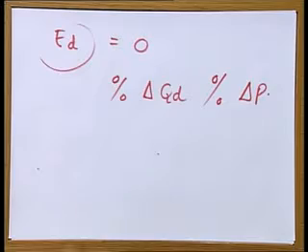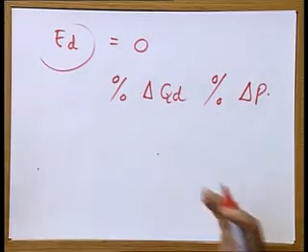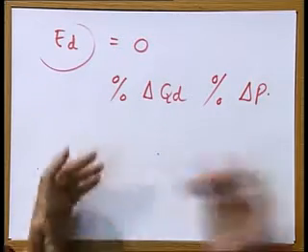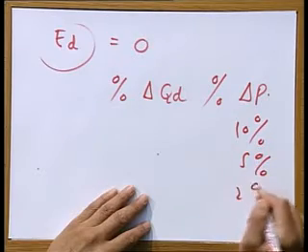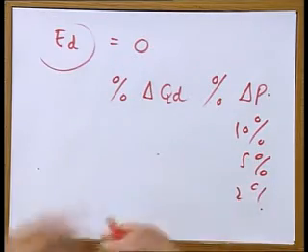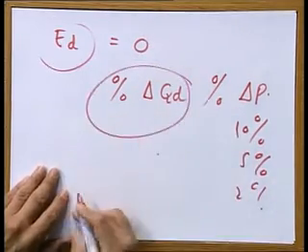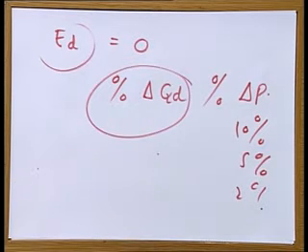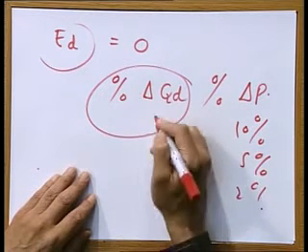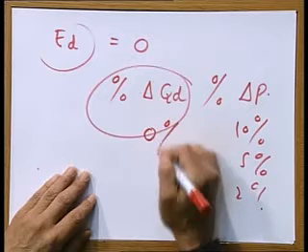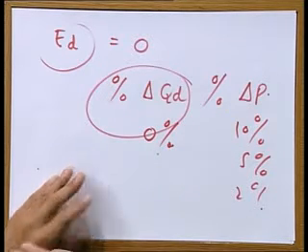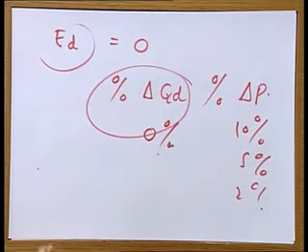Now, what will happen if the price changes by any amount, say by 10%, or by 5%, or by 2%, up or down? What will happen with the quantity demanded? The quantity demanded will remain exactly the same. The percentage change in the quantity demanded will be 0%. The quantity demanded doesn't change, right?